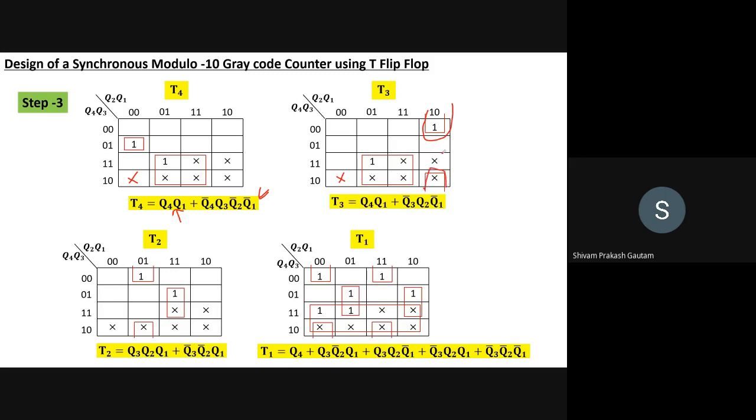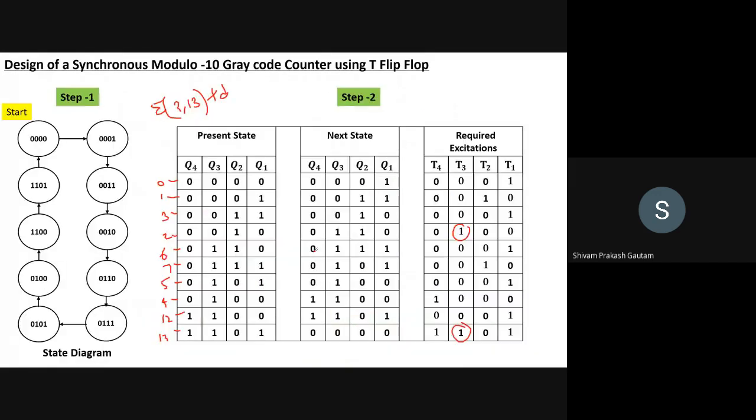So for this, the expression will be Q3 bar, Q2, Q1 bar. Q3 bar, Q2, Q1 bar is our expression, and group them. So this is also Q4 and Q1, right? Now see for T2. For T2, the min term is 1 and 7.